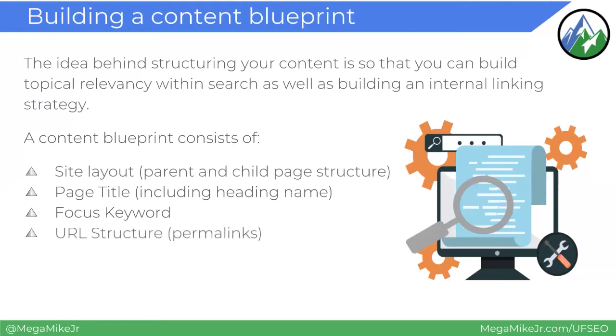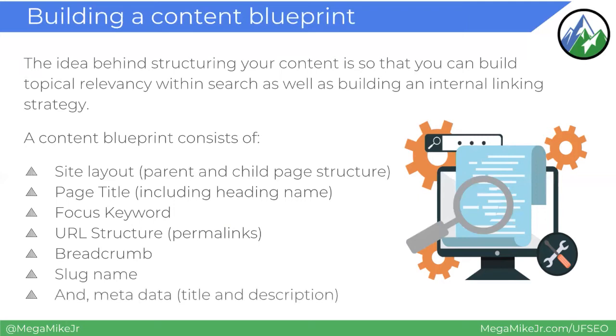Your URL structure, which is your permalinks. So in other words, how is the URL built? Your breadcrumb, which is essentially the roadmap to where the user is located on your site. Your slug name, essentially the name of the page within the URL. And your metadata, your title and description.